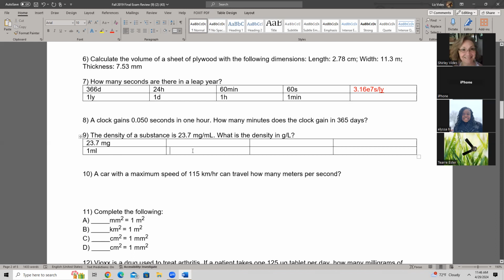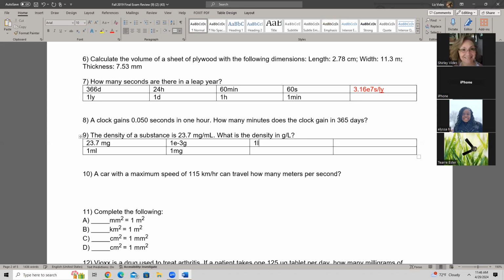All right, so now you need to change milligrams. So 1 milligram is equal to 1 times 10 to the negative 3 grams, right? So remember, we're going to grams, so we're going up, so it's negative. And then milliliters, we want to change to liters.